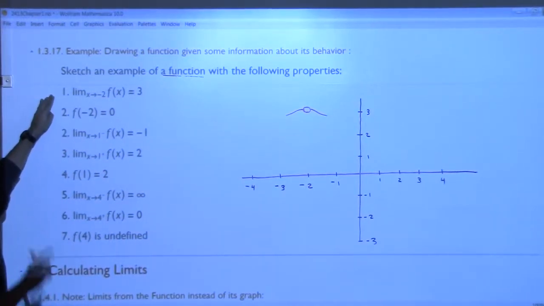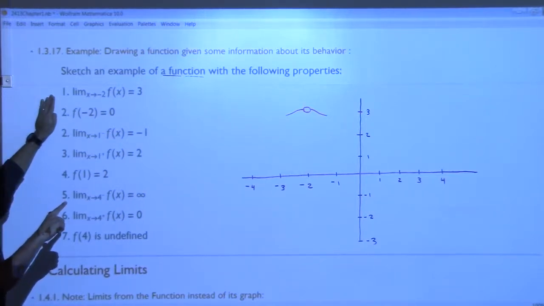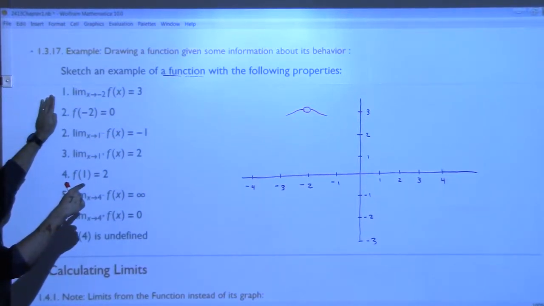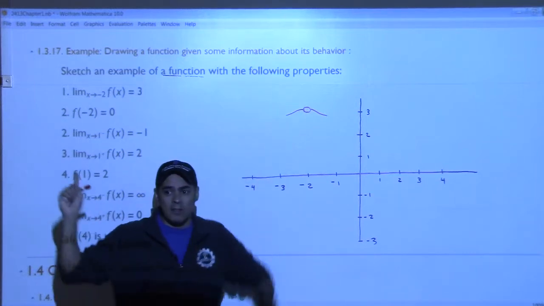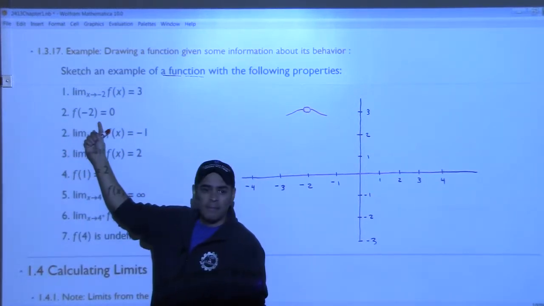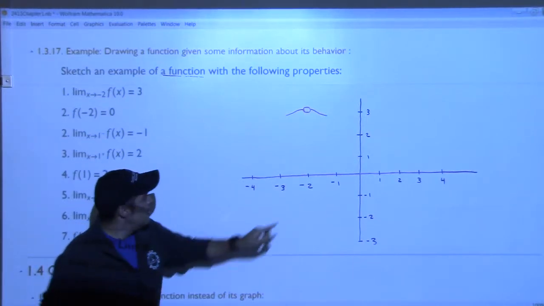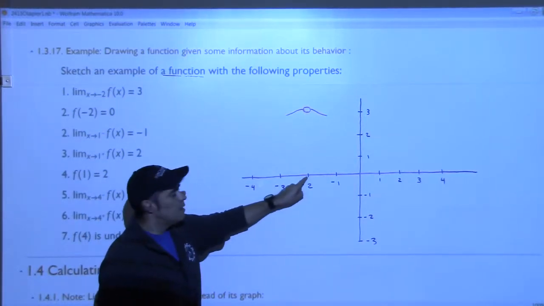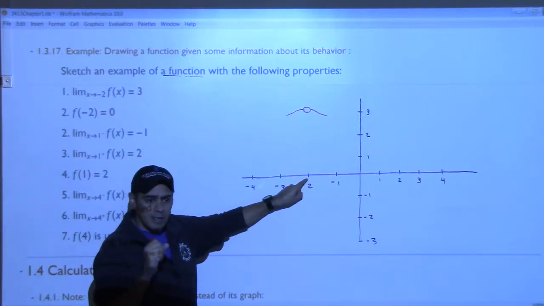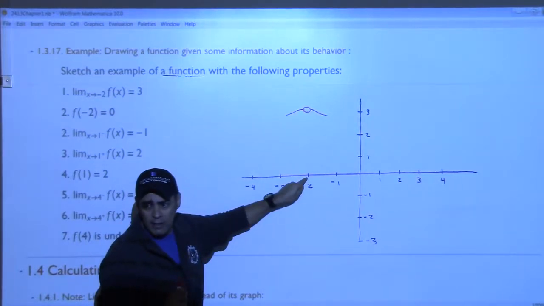Agreed? Now I left an open circle there. I could have filled in the circle, couldn't I have? Like I could have, but then look at number 2. What is number 2 saying? F of -2 is 0. So at -2, the function's value needs to be 0. So right there, a dot right there, yes?